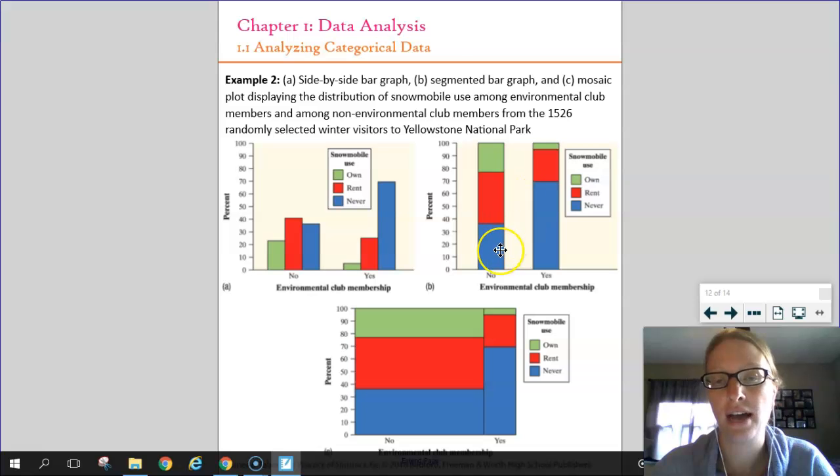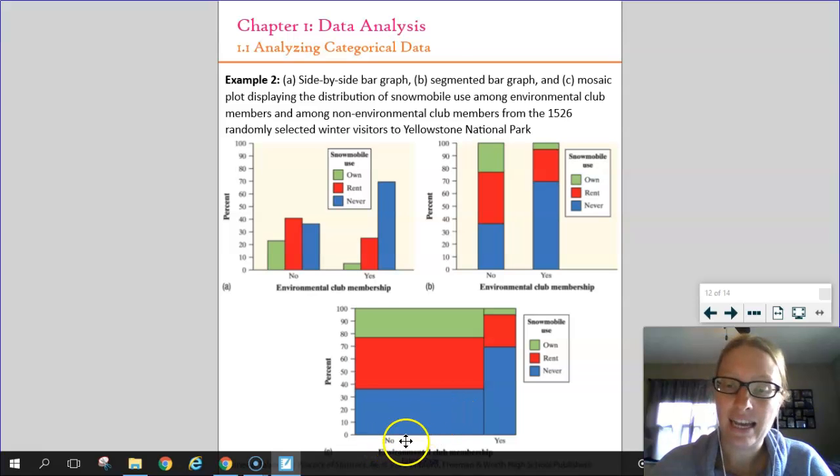And finally, down in the mosaic plot, which is graph C down below, I can see that many more of the respondents were not environmental club members. So this mosaic plot shows me that of the 1,526 people who responded to this survey, a lot more of them were not environmental club members than who said yes, based on the distribution of each of these bars.